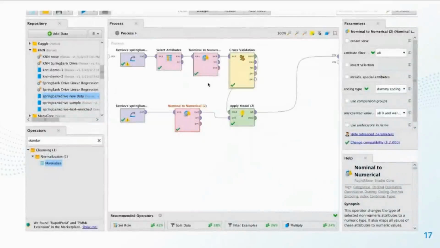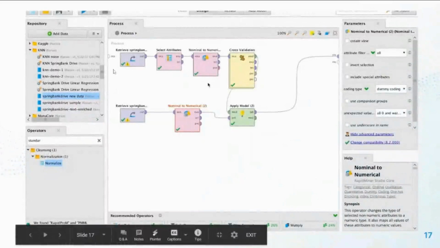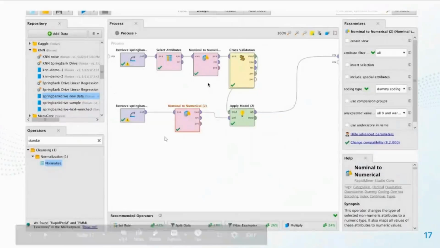This is just a screenshot of RapidMiner. As you can see, it's very intuitive. These two retrieve the Spring Bank Drive data set. It's basically two data sets that have been divided, so I can test and train with different models. You can select the attributes, and you can change the type of data.